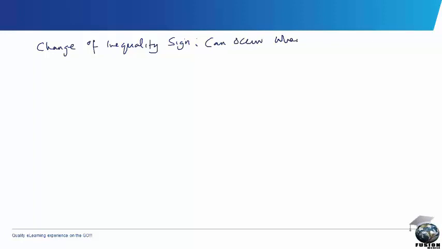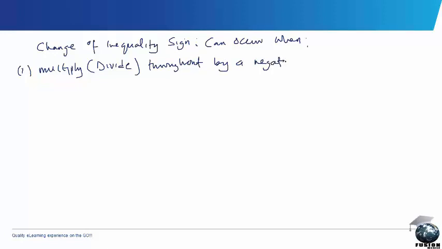We've studied these conditions before, but let me just remind you: condition number 1 is when we multiply or divide throughout by a negative number. By a negative number, the sign changes.